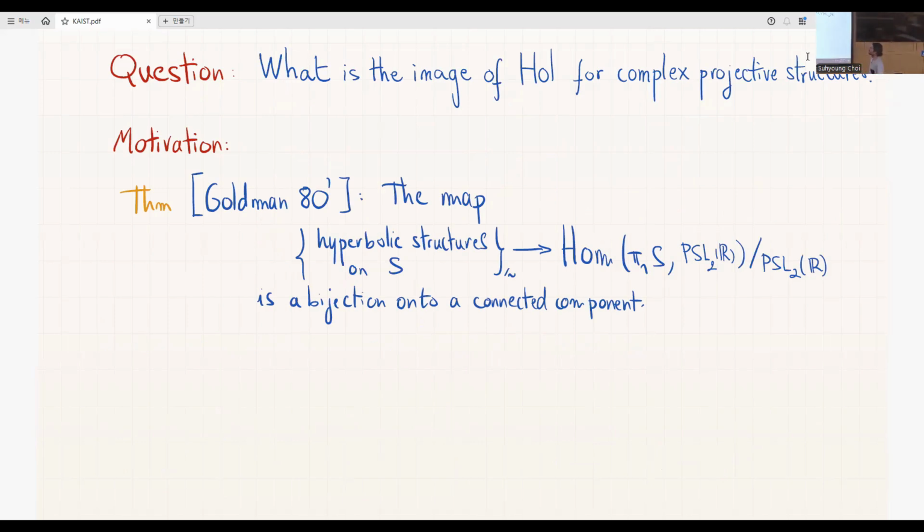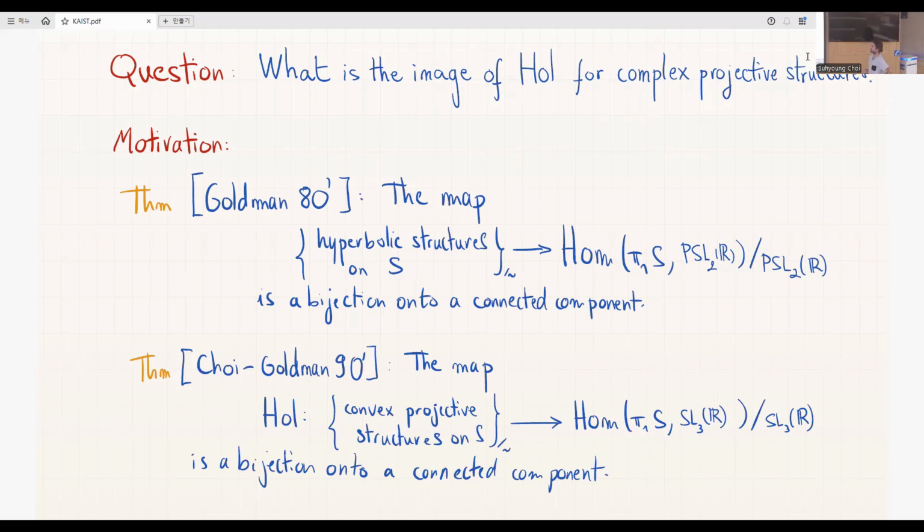The first is the one of Goldman from the 80s that tells us that the Teichmüller space, so the space of hyperbolic structures, modulo isotopy, is exactly the same as one connected component of the space of representations. So it's a bijection onto a connected component, which is, of course, way more than just a bijection.